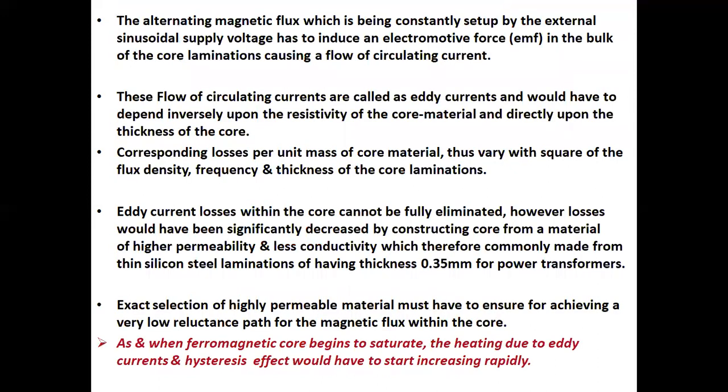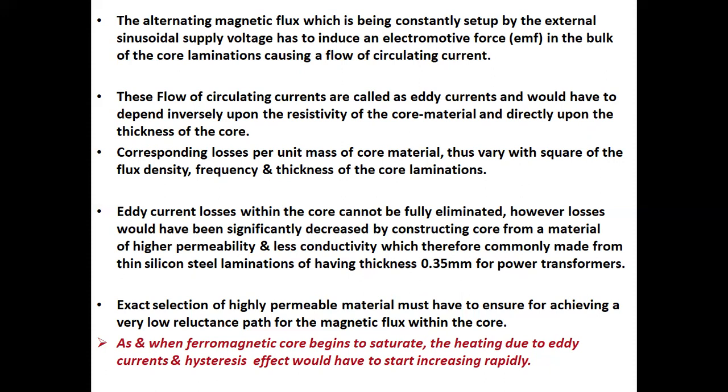The alternating magnetic flux, which is constantly set up by the external sinusoidal supply voltage, induces an electromotive force in the bulk of the core laminations, causing a flow of circulating current. These circulating currents are called eddy currents and depend inversely upon the resistivity of the core material and directly upon the thickness of the core.